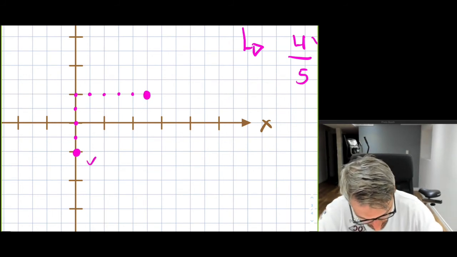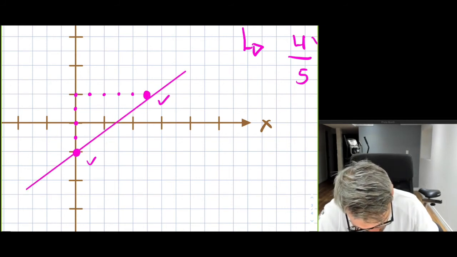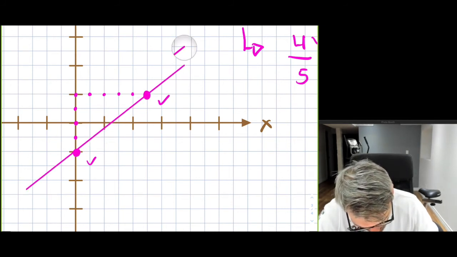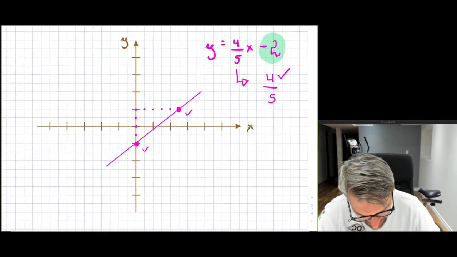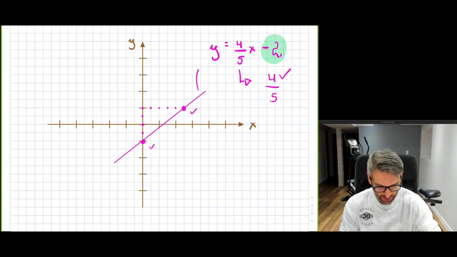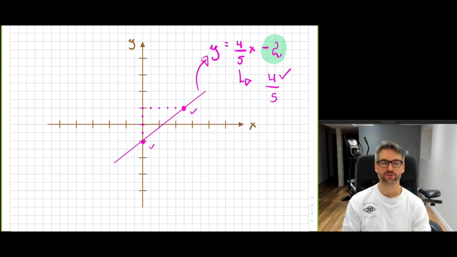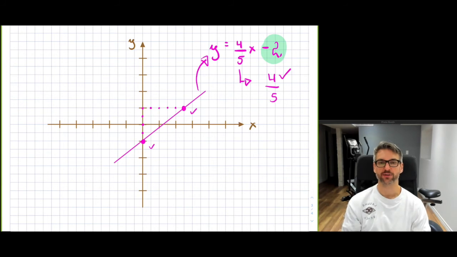Now you have your 2 points, and you can draw your line directly through them. We would have something of this nature, and that would be our line. Of course, you can label it and you're finished. You always start from your intercept and then use your rise over run to get the graph. That's how you would do it.